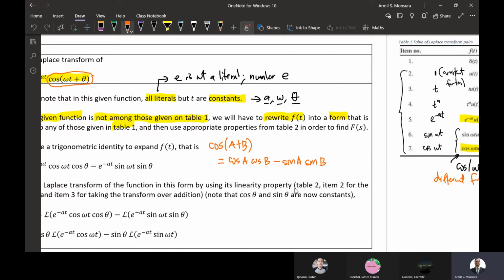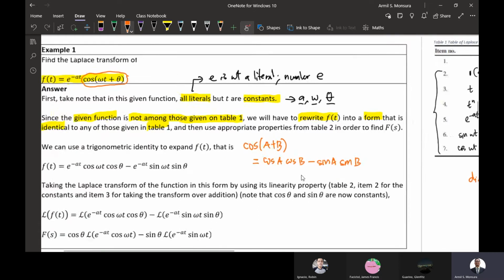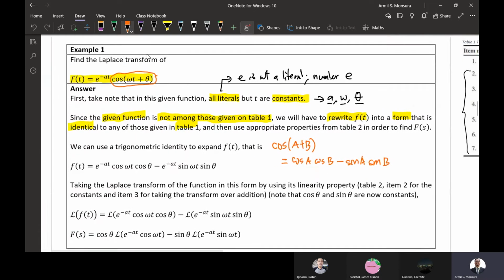Okay? So, ayan. Ngayon, in this case kasi, yung A natin dito is yung omega t ninyo. Tapos yung B natin is yung theta. Okay? So, therefore, pag nire-write natin ngayon ito as cosine omega t plus theta, ito magiging cosine omega t cosine theta minus sine omega t sine theta.